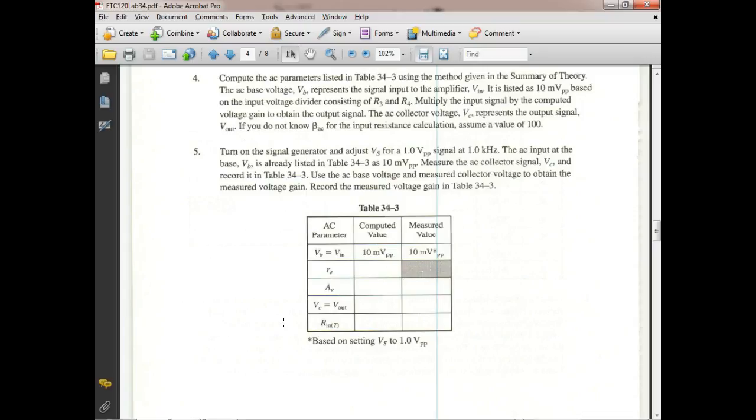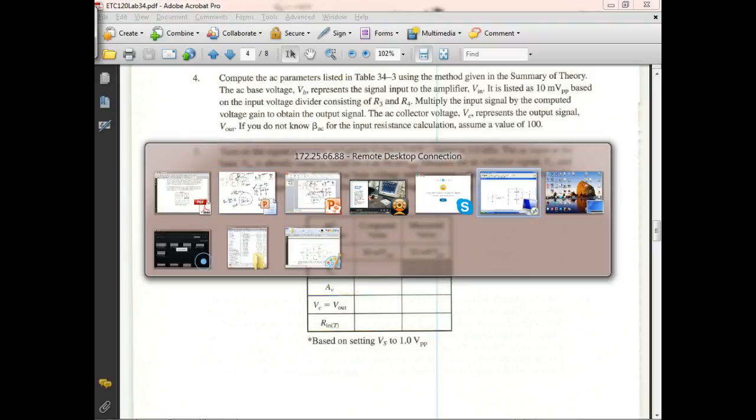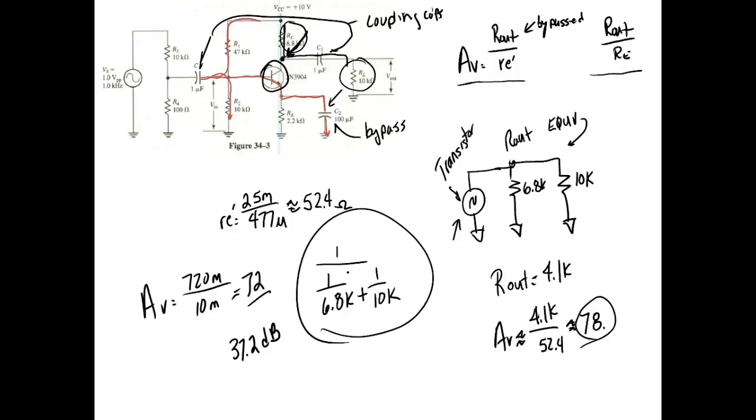Our computed V out would be our AV times our V in, so 10 millivolts times 78. We computed 780 millivolts. Everybody follow me? And what did we measure? We measured 720. So our measured gain was 72, and our measured output was 720.